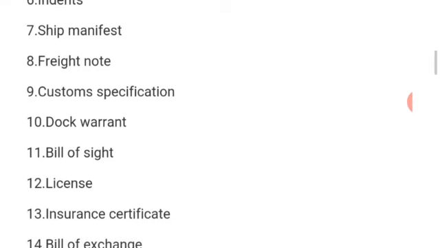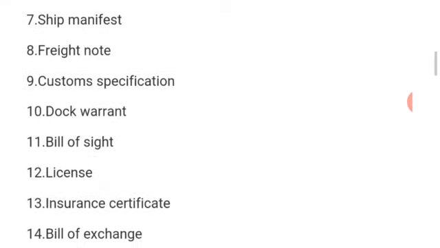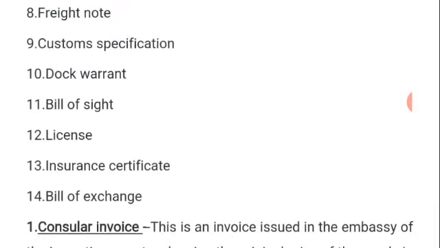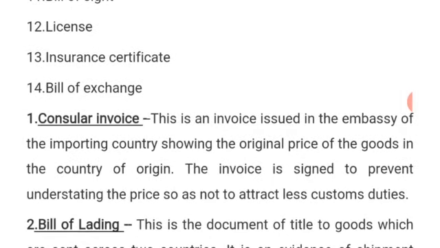Freight notes. 9. Customs specification. 10. Dock warrants. 11. Bill of sight. 12. License. 13. Insurance certificates. 14. Bill of exchange. These are the documents that are being used in international trade, or what we refer to as foreign trade.